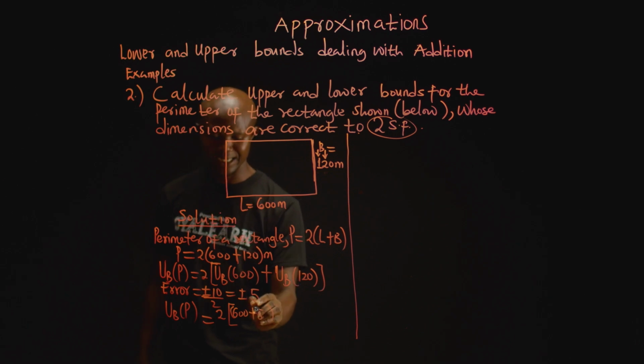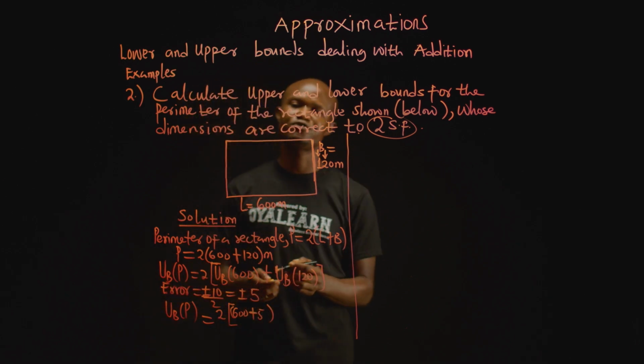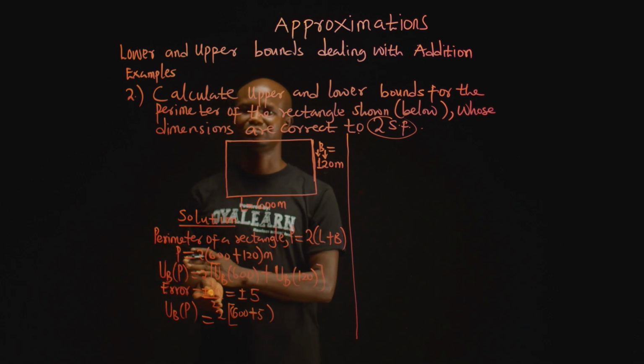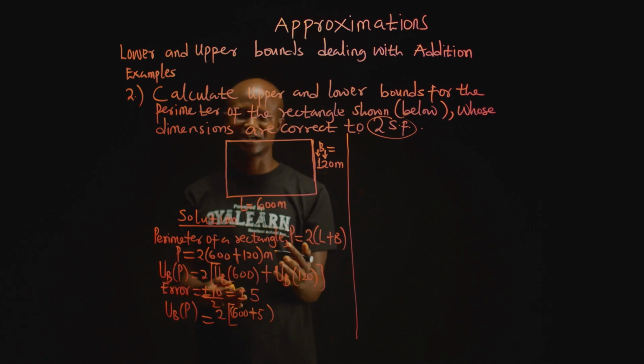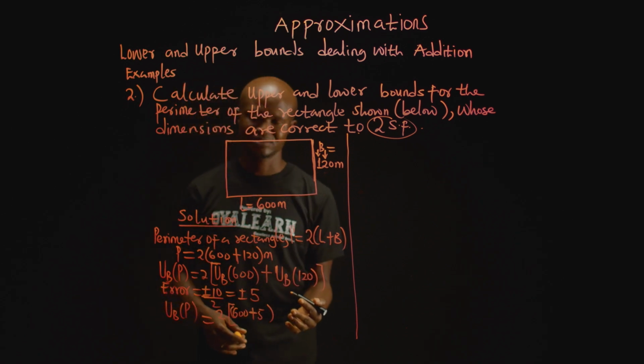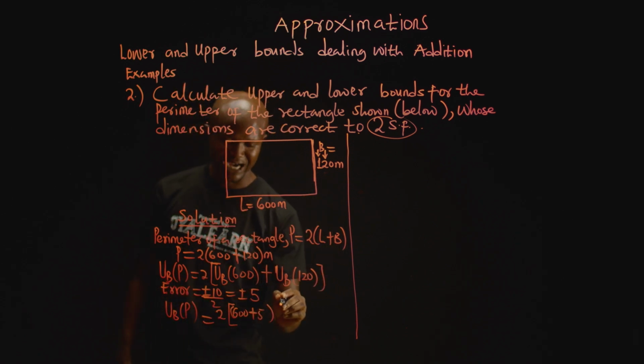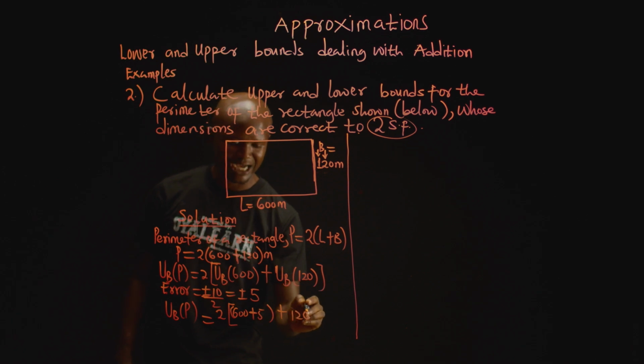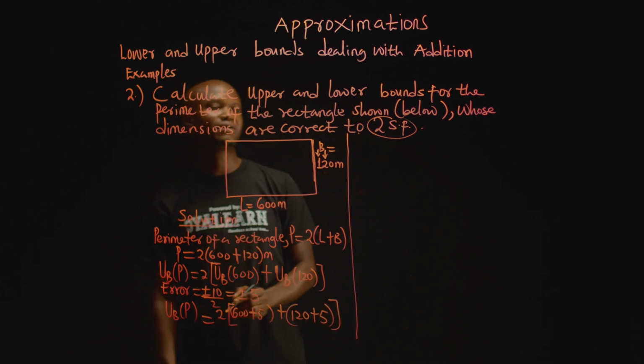Oh, upper, that is plus. Please take note: for the upper bound, you are adding the positive value of the error, while for the lower bound, you are going to subtract the value. So you are going to add 5. Also here we have plus 5, because we are calculating the upper bound.